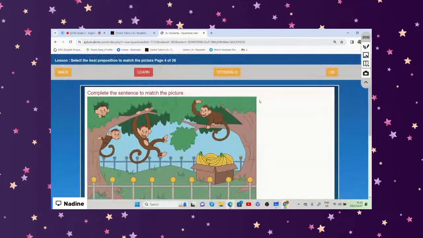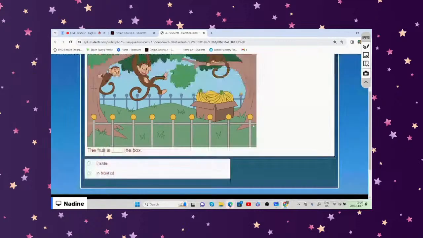If we look at the monkeys, right? And then it says the fruit, which is the bananas over there, is inside the box or is it in front of the box?